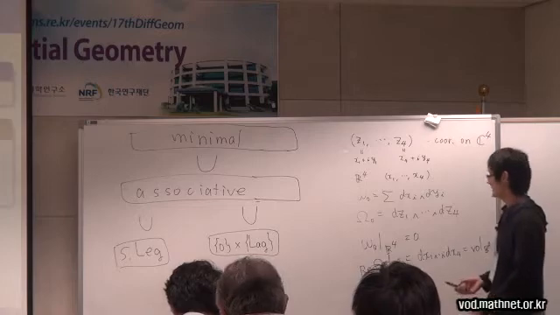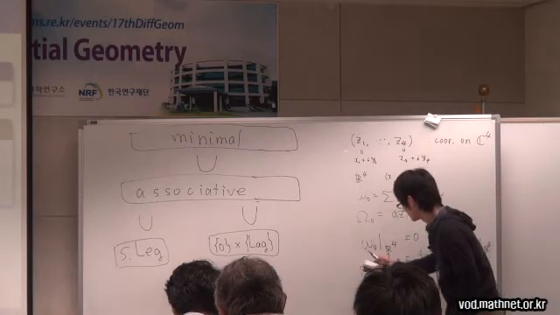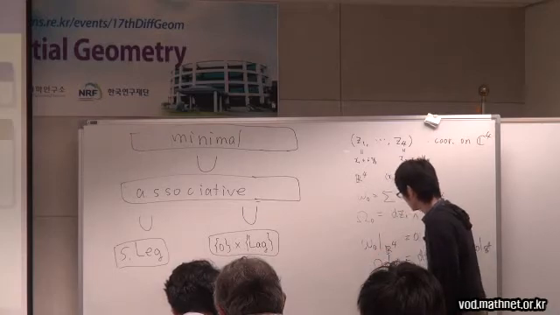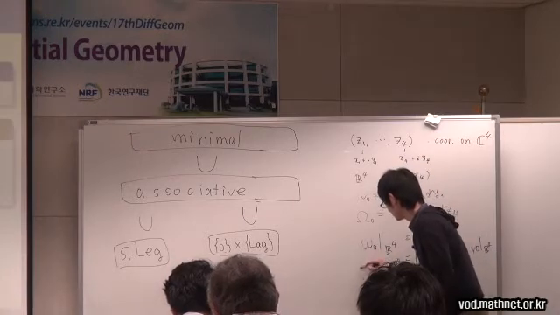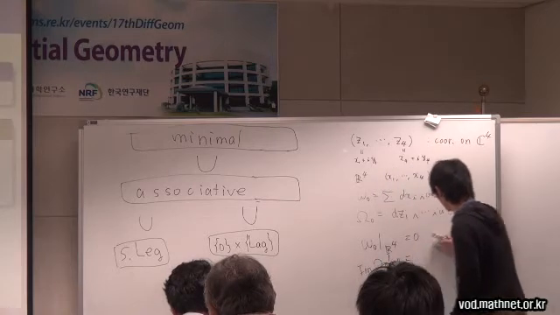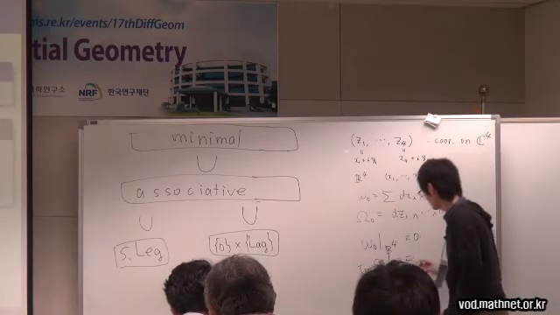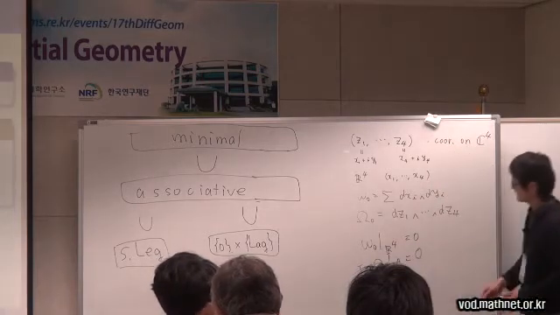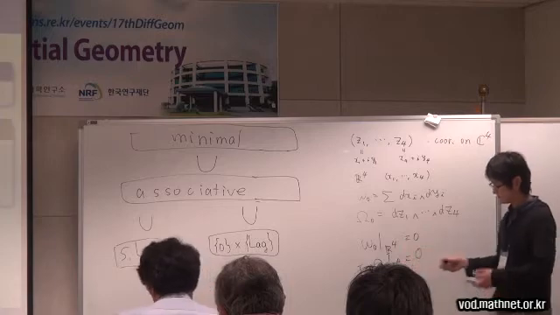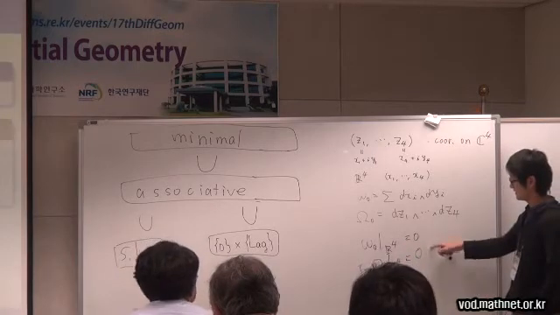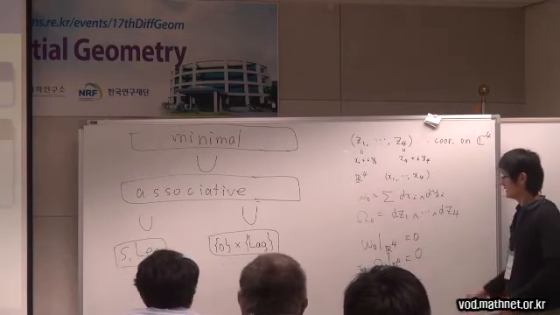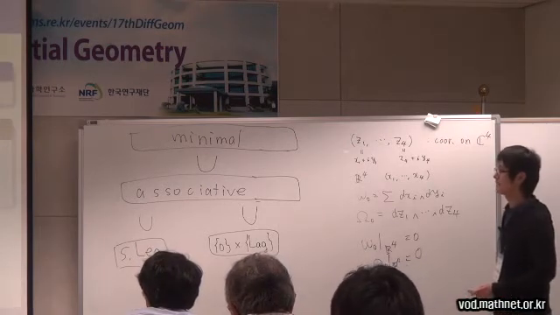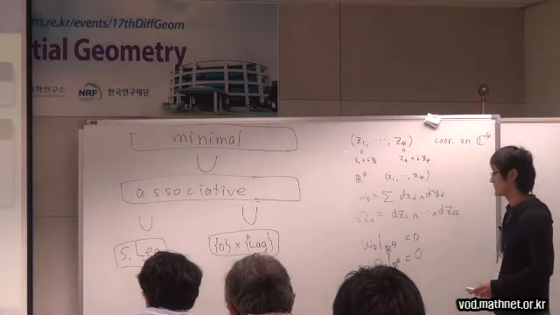So we easily see that omega 0 and imaginary part of omega 0 restricted to R4 vanish. So the intersection of S7 and R4 is special Legendrian.